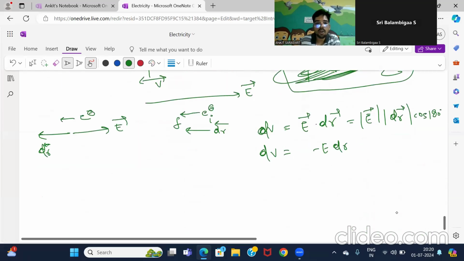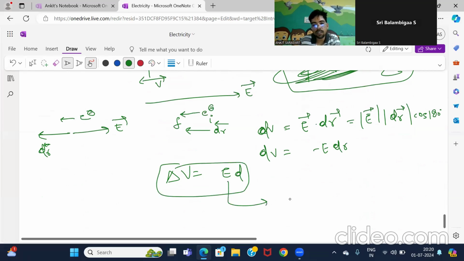Clear? Or one simple direct formula I'm telling you: delta V is equal to E into D. What is E? E is the constant electric field. Constant. In Class 12 you will learn this, but remember this formula. Constant electric field. What is delta V?